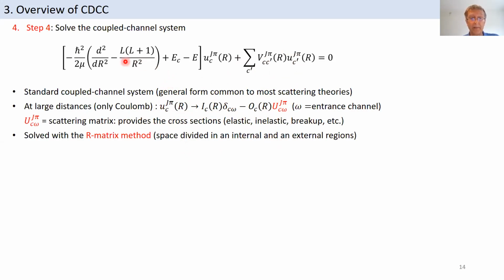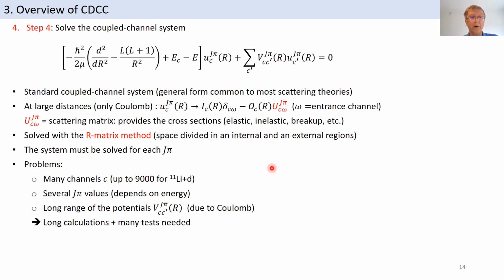And in my case, I solve this system with the R-matrix method, and I will briefly show how it works. Of course, this system must be solved for each J pi, and in the scattering cross section, you may have many J pi values depending on the energy, and you may have many channels.